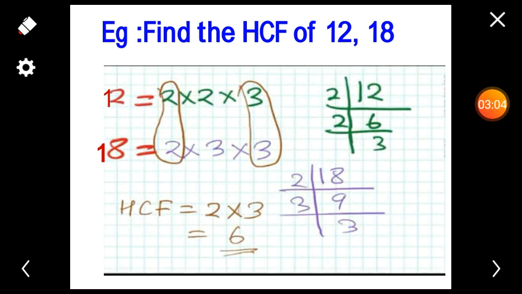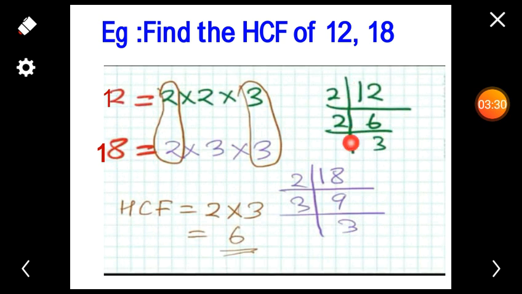Next, I will discuss prime factorization using the given numbers 12 and 18. Here I am taking the same example, 12 and 18. Here I have to calculate the prime factors of these two numbers. Okay students, what are the prime factors of 12?